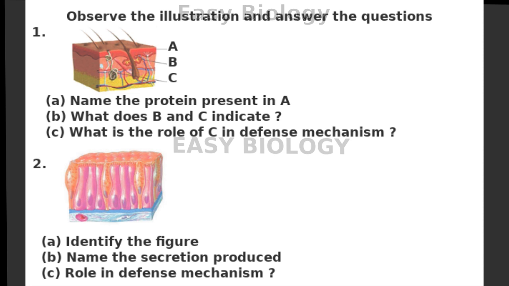B. What do B and C indicate? B is sebaceous gland and C is sweat gland. C. What is the role of C in the defense mechanism? C is the sweat gland.